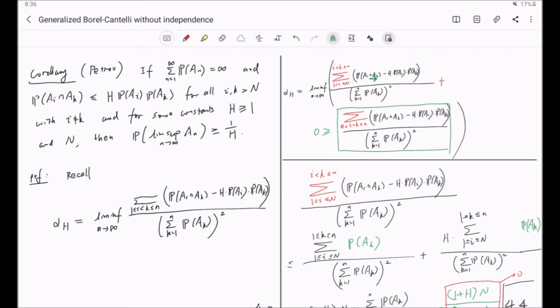Now we have shown the first part will go to 0 as little n goes to infinity, while the second part is non-positive. So in the end, this outside h is non-positive.